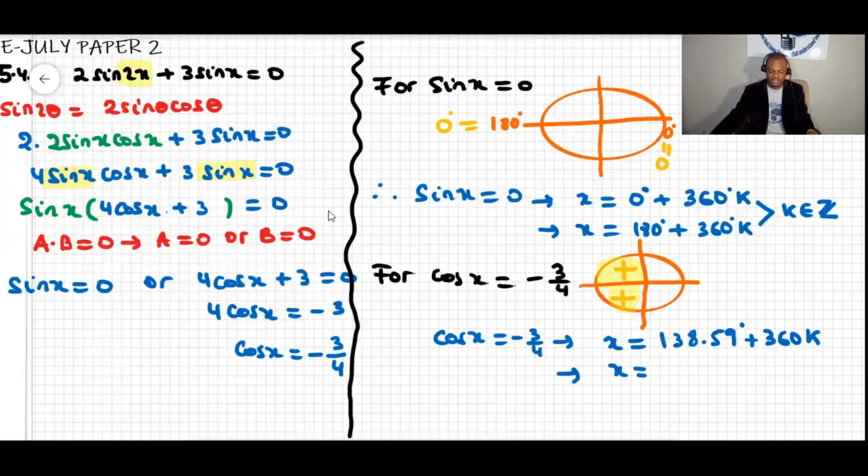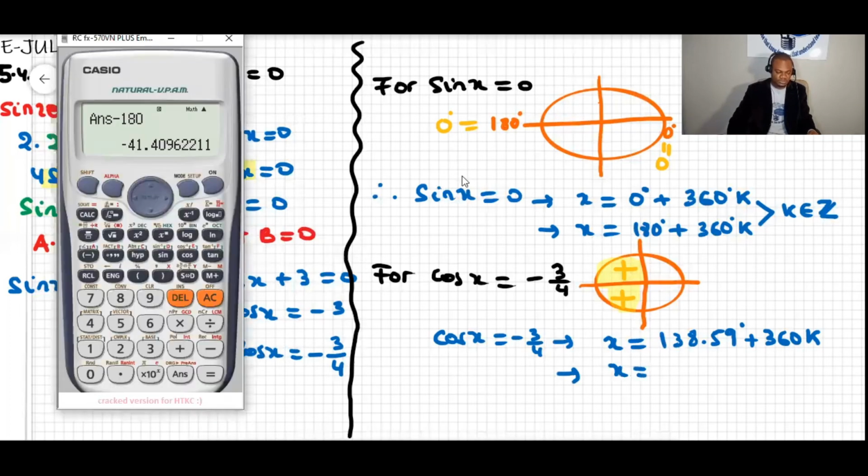Let's just do it because it might be confusing. 180 minus 138.59, then I press SD, and we find the reference angle.